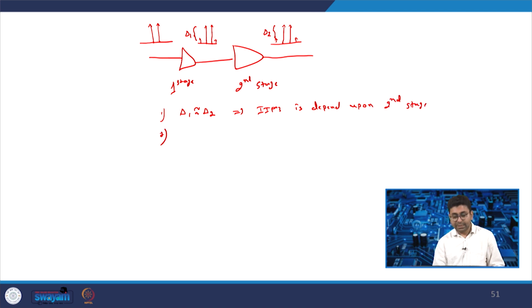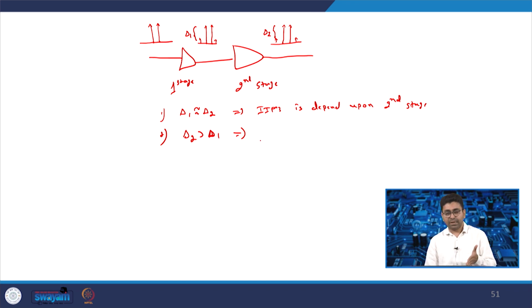Then there is another case when your delta 2 is greater than delta 1. In that case also, because there is a difference already created by the first stage, the second stage will not add a non-linearity, but you will see the behavior of the first stage.